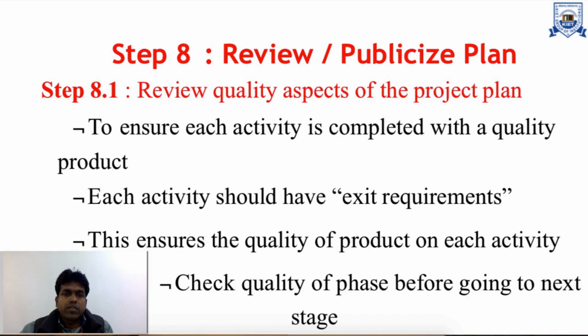Here we ensure each activity is completed with a quality product, and each activity should have exit requirements. After completion of every step or activity, we ensure that the quality of the product on each activity is up to the mark, and we also check the quality before going to the next step.